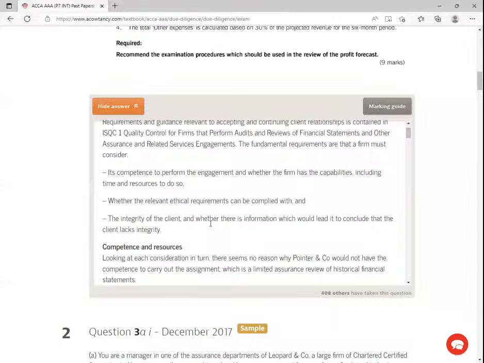So, ladies and gentlemen, from this standard, you are required always to observe 3 things that if I were you, I will never forget. Number 1, am I competent enough as an auditor to engage in this particular exercise? That's very important. Are there ethical requirements in this case that must be complied with?